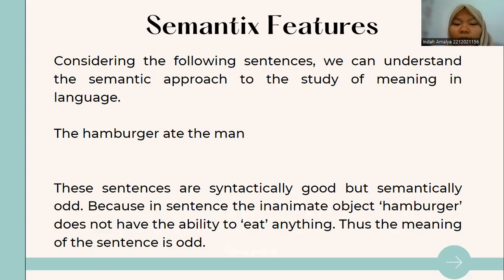We can then use this idea to describe part of the meaning of a word as either having plus or not having minus the particular feature. So the feature that the noun man has is plus animate, because man denotes an animate being, and the feature that hamburger has is minus animate, because hamburger does not denote an animate being.